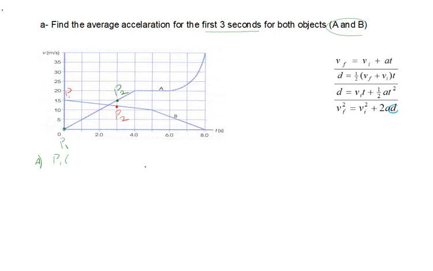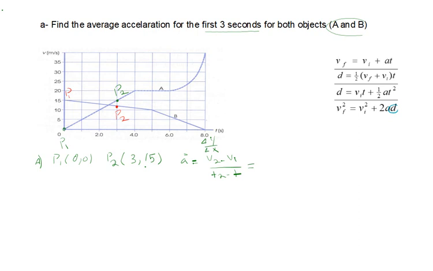So P1 is 0, 0, and P2 is 3, 15. Now the acceleration is going to be V2 minus V1 over T2 minus T1. If you remember from math class, that is delta Y over delta X.